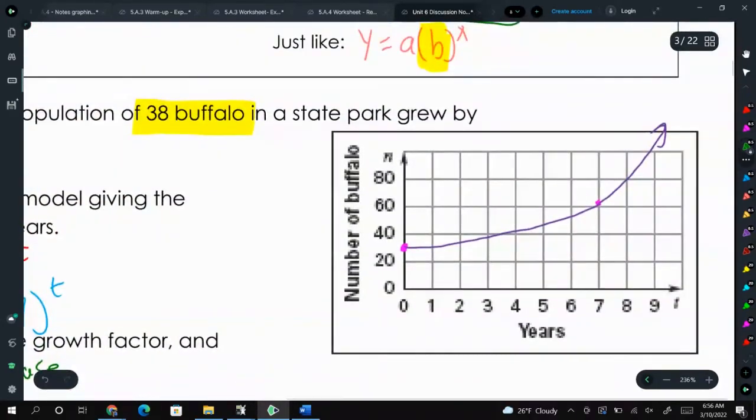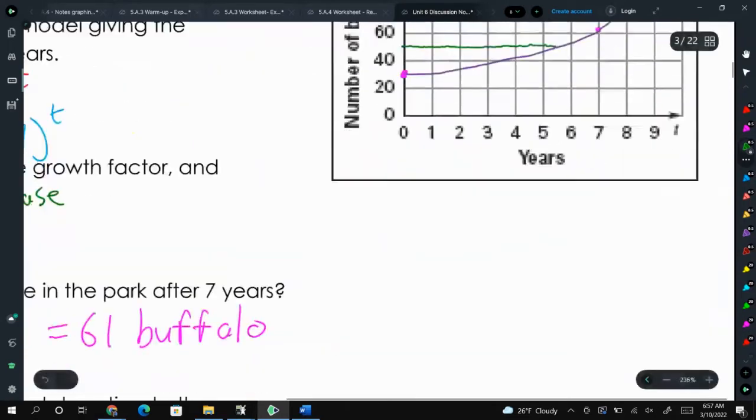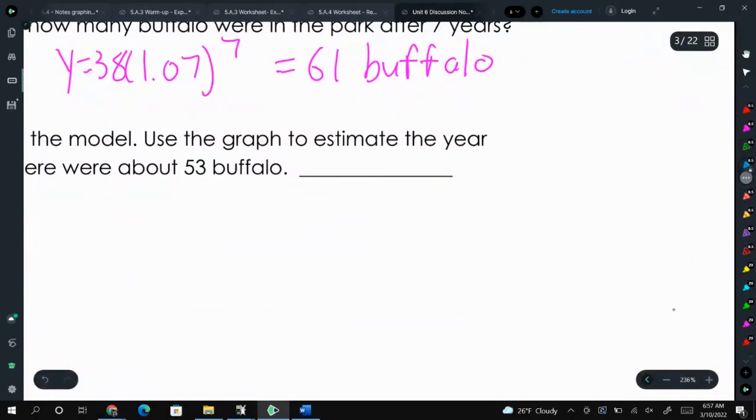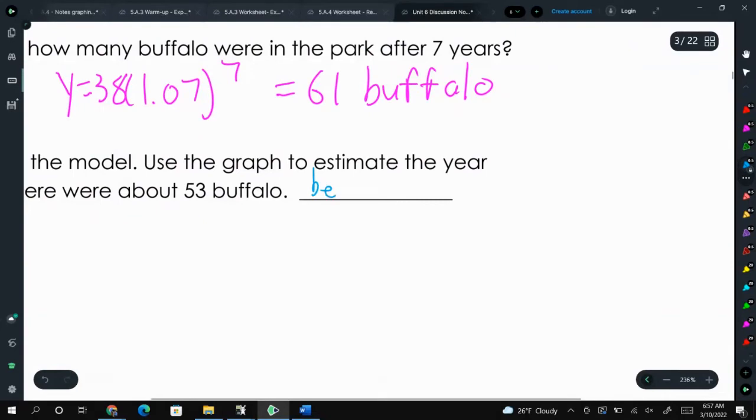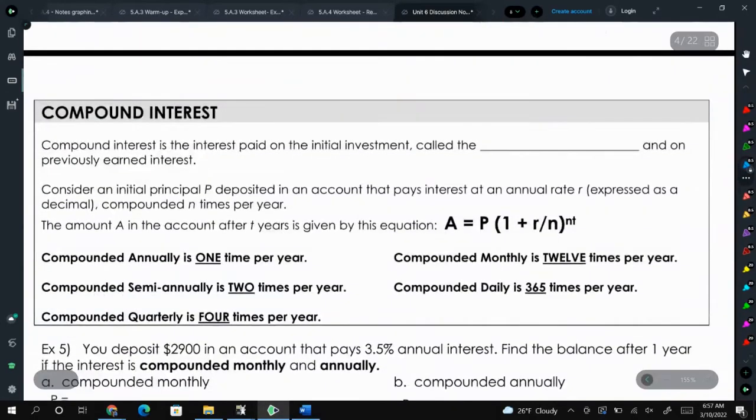So we're estimating. So everyone's answer might be a little bit different. So 53 is close to 50, and that's between 40 and 60. So I'm just going to go here and say, that looks like between 5 and 6 years. So we can say between 5 and 6 years.